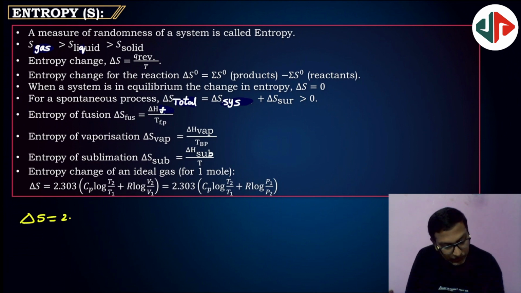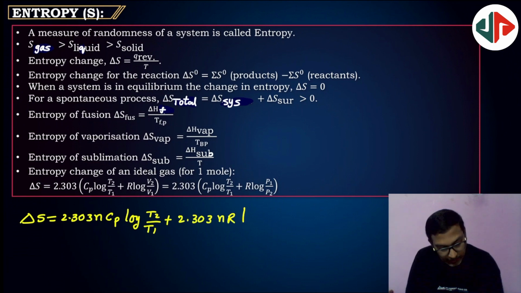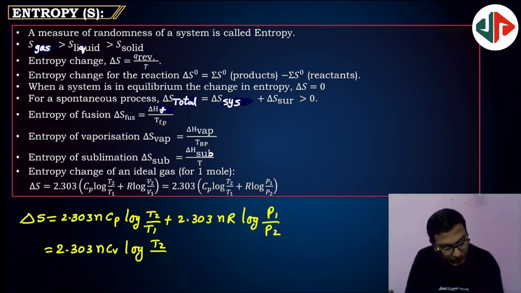Delta S equals 2.303 n Cp log T2 by T1 plus 2.303 nR log P1 by P2, or 2.303 n Cv log T2 by T1 plus 2.303 nR log V2 by V1.